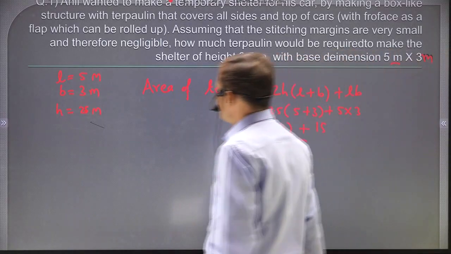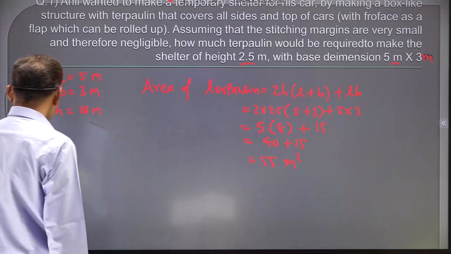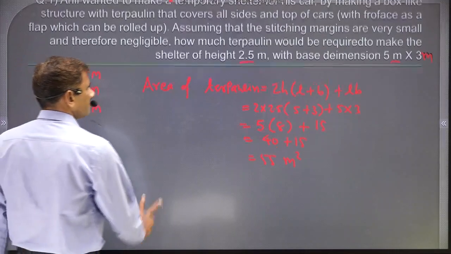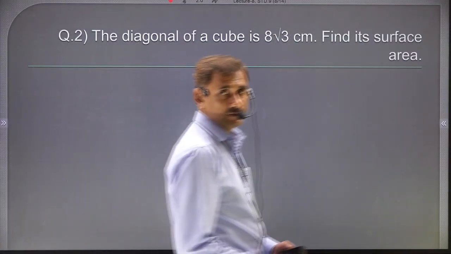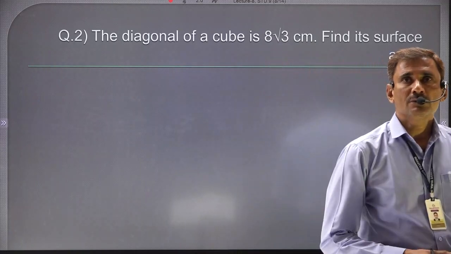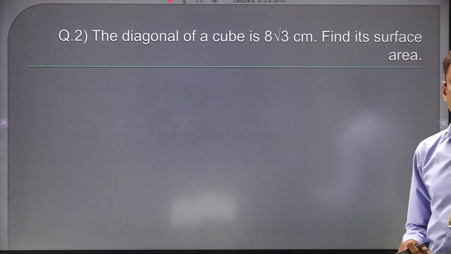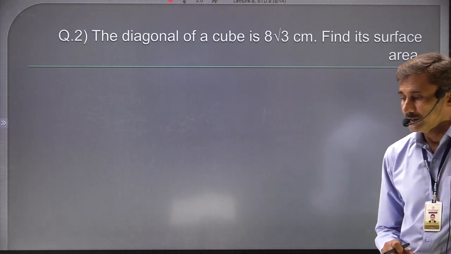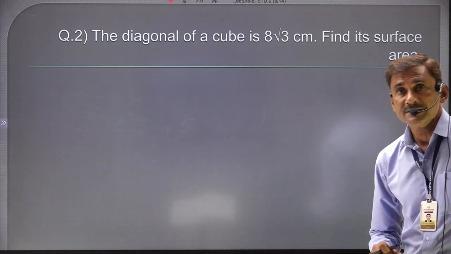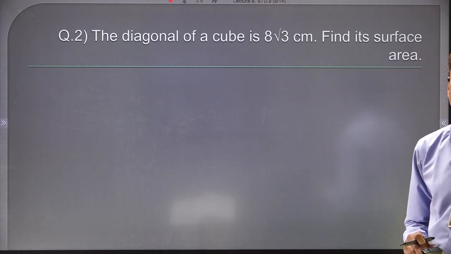Now let's look at the next one. Understand well. First of all, what is given? The diagonal of a cube is 8 root 3 centimeter. I told you the formula of diagonal. Even if you want, you can go to page number 773 in your book.